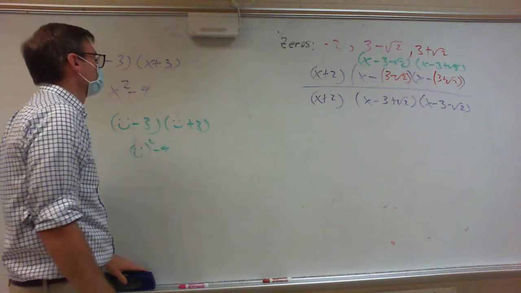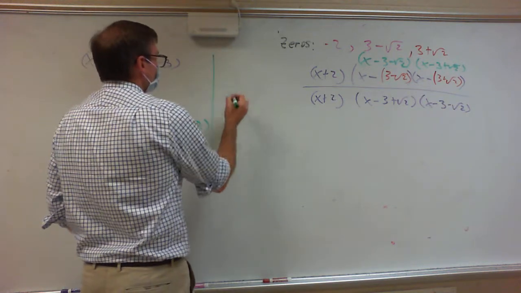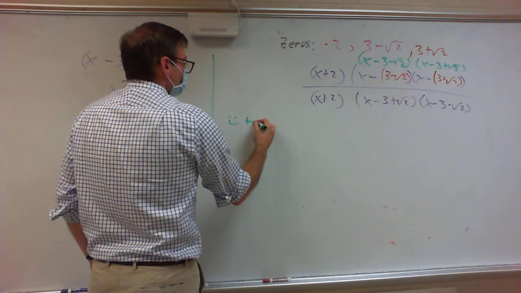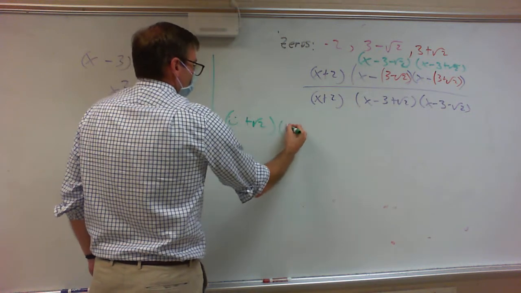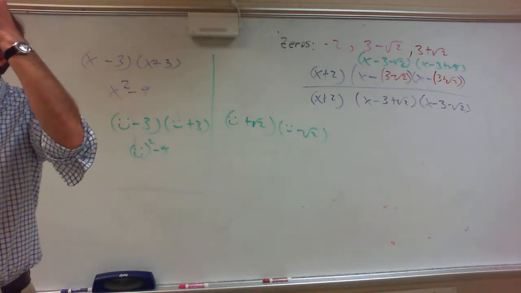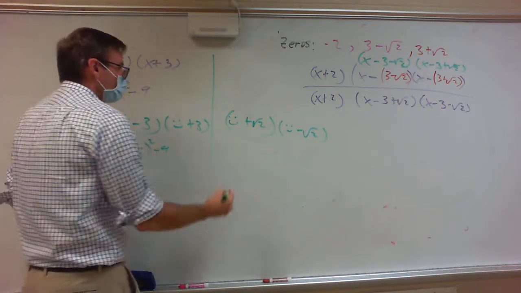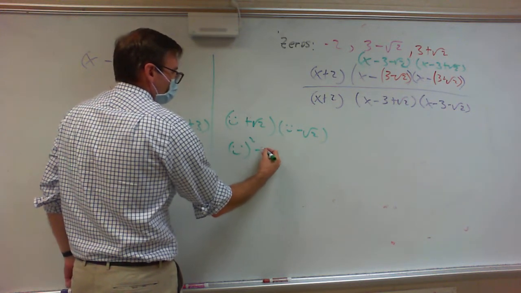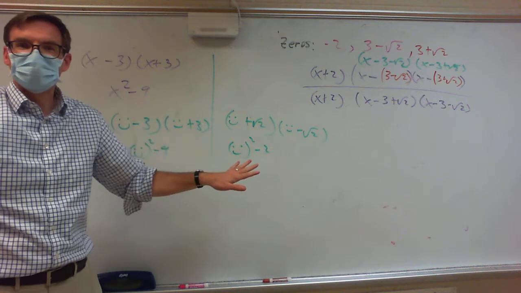Actually, what I really needed to do here, what about happy face plus the square root of 2 times happy face minus the square root of 2? What's that? If I multiply those together, what do I get? Happy face squared minus 2.